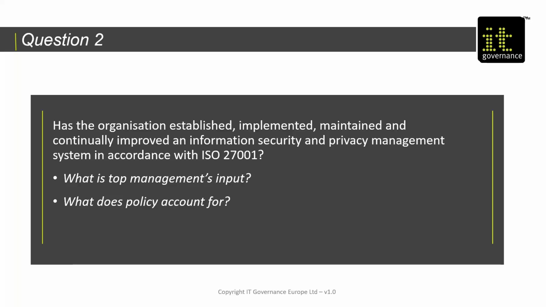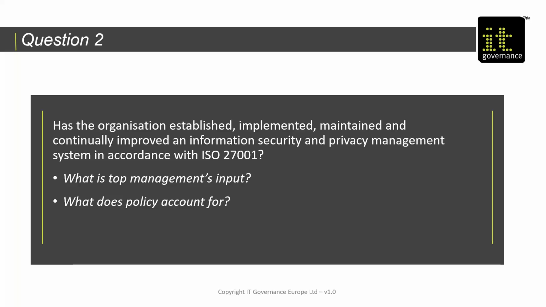You'd expect that they would assign responsibility for ensuring the management system conforms to the requirements of 27001 and 27701, and that they have assigned authority for reporting on the performance of the management system to top management. The policy should account for privacy or have a separate aligned privacy policy.